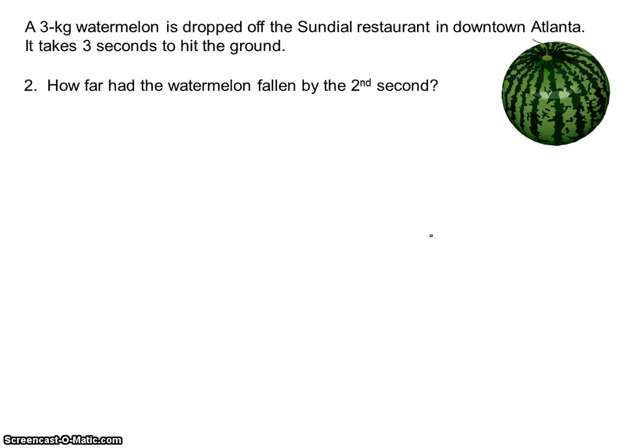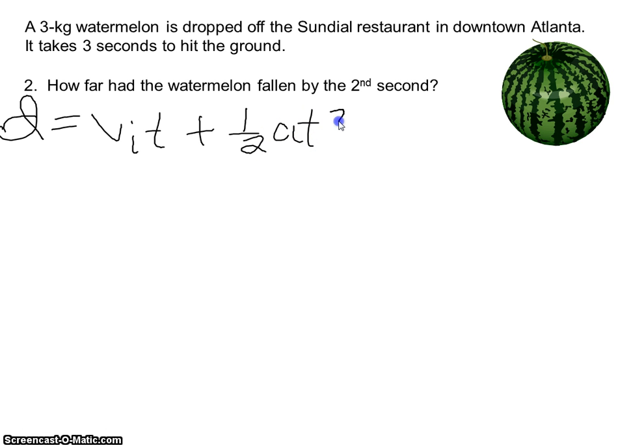The second part of the problem was how far had the watermelon fallen when it had only been falling for 2 seconds. So this is before it hit the ground. So we have distance is equal to the initial velocity times the time plus 1/2 a t squared.